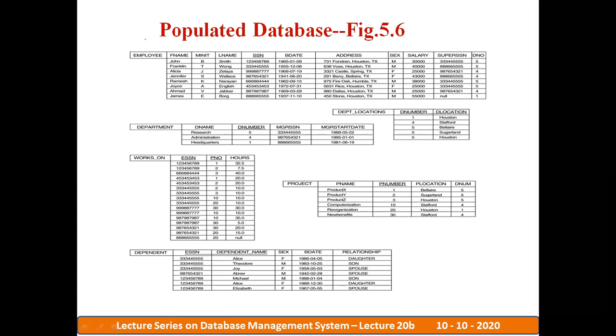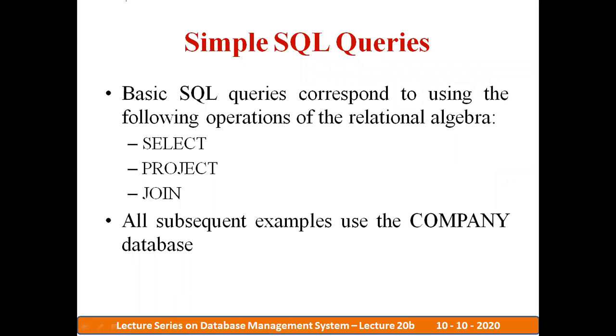Now let us see the first query. The basic SQL queries correspond to the following operations of relational algebra: select, project, and join. Here the project operation becomes the select of SQL, the where clause becomes the condition, and the from is the table from where you are getting the data.